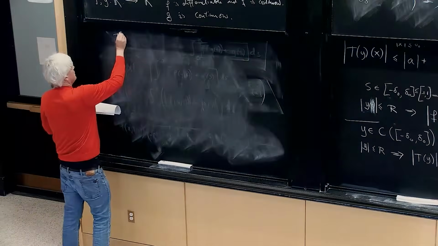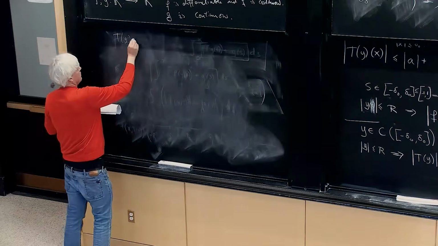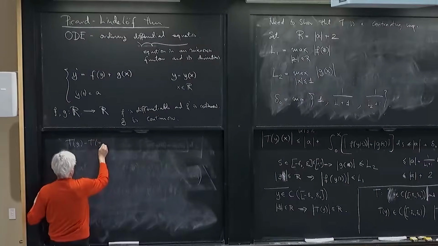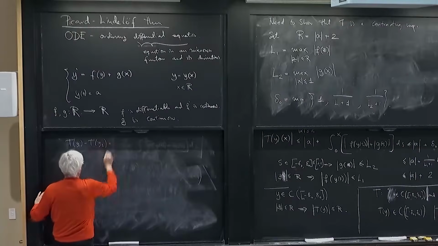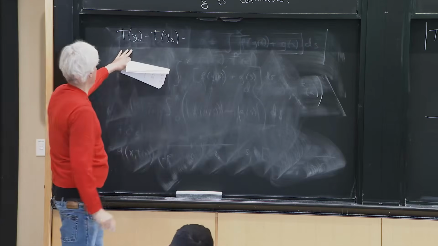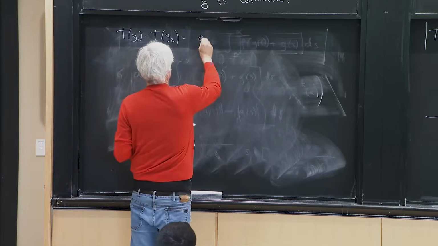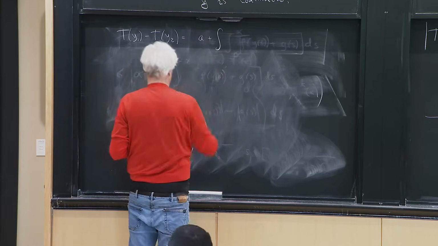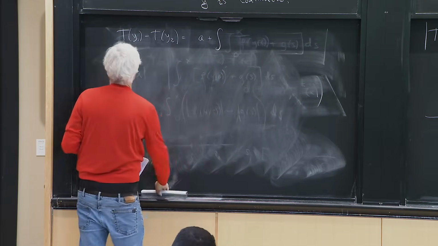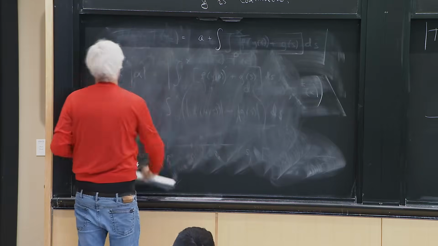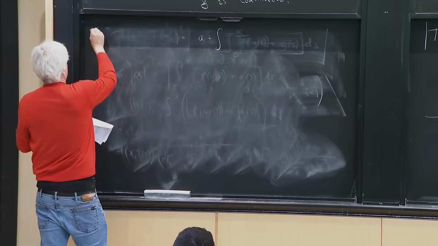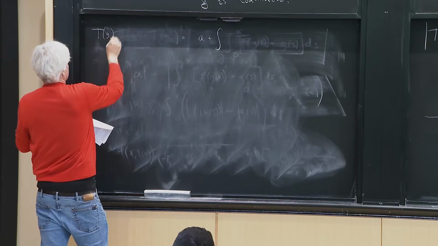So T of y1 minus T of y2. This thing here, T of y1 is defined to be a plus the integral. Let me make a little more space here. I worry I'm running out of time, but let's see.